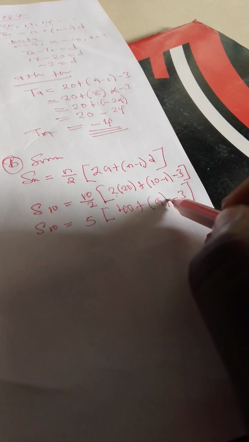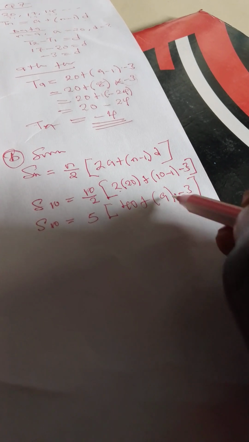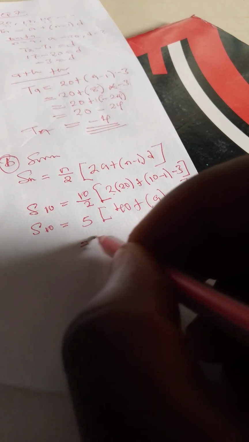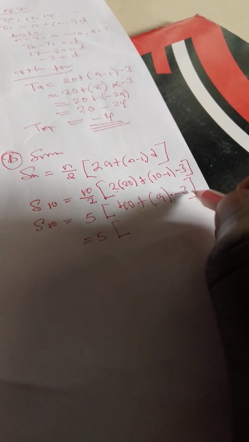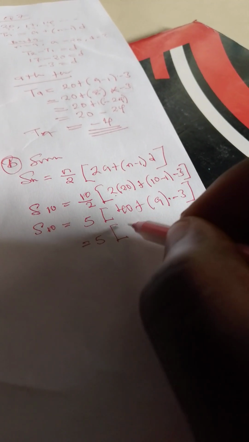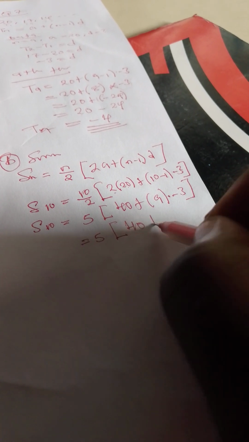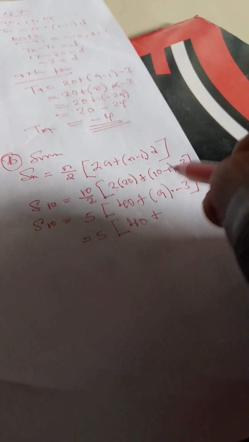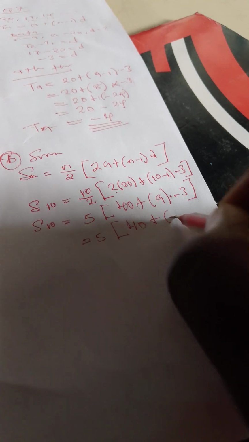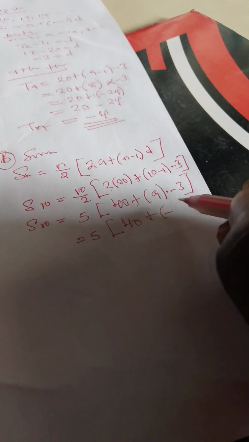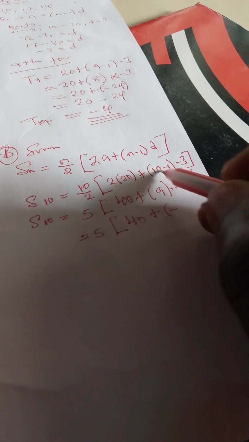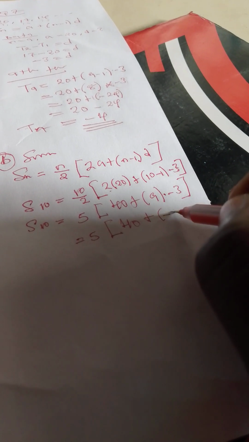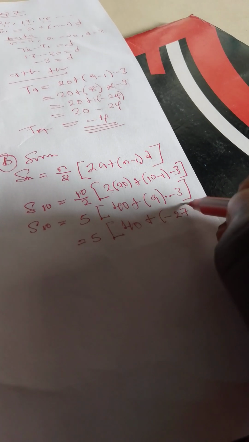It's a multiplication here, it's not a minus, no, it's a multiplication here. So this is 5, open bracket, work on brackets first, then 40 plus 3 times 9, that is negative 27.